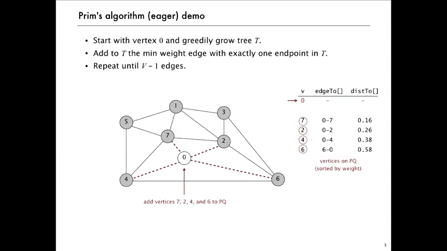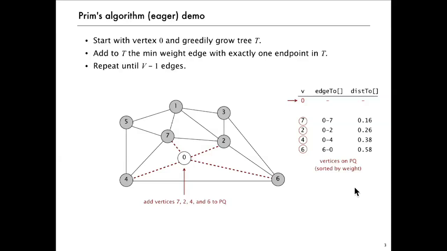So now the priority queue has vertices, and there's 4 vertices that are just one edge away from the tree, and we keep them on the priority queue in order of their distance to the tree. And we also keep two vertex-indexed arrays. One is the edge that takes us to the tree, and the other is the length of that edge. And again, we'll keep them sorted on the priority queue just to make the demo easier to follow.